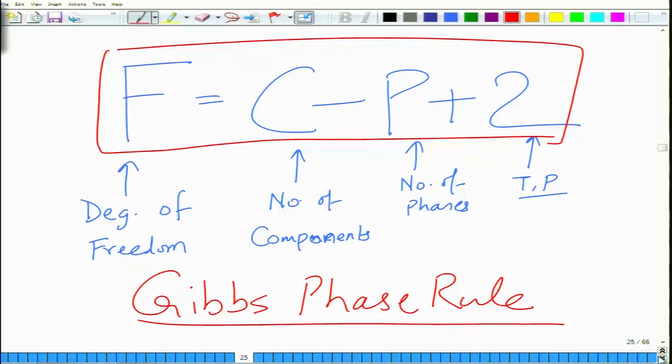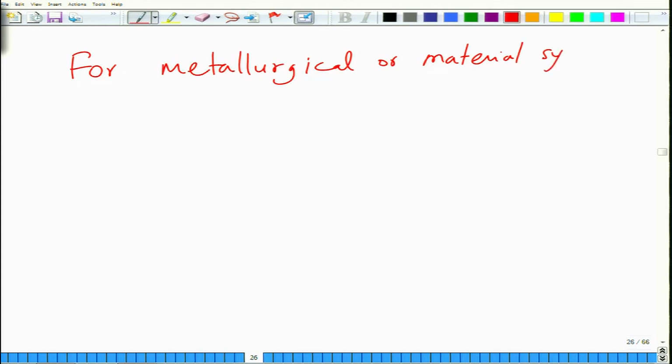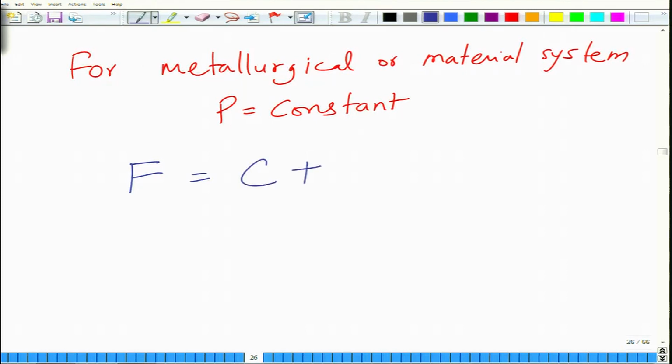So generally for metallurgical systems, or even materials systems, pressure is constant, and hence F is equal to C minus P plus 1.